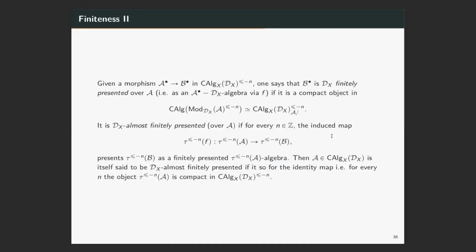Anyways, we can have more finiteness conditions. So what it means to be finitely presented as algebras, derived algebras. What it means to be almost finitely presented, which means that your truncations are finitely presented for all the truncations that you have. And then compactness is just a nice term for homotopically finite, basically, in this language. So this can all be worked with.